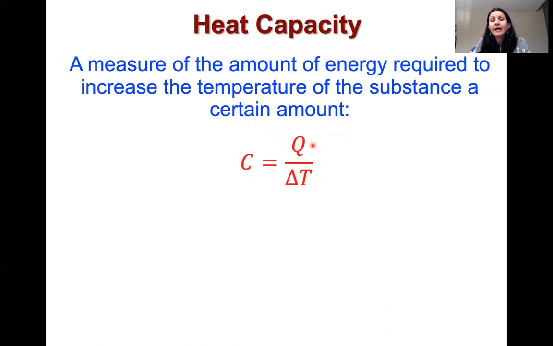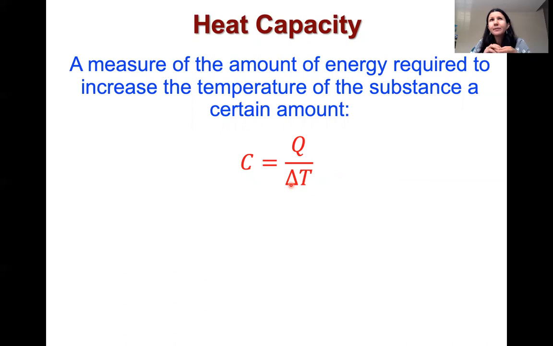So something that has high heat capacity, you will need to add more energy to have the same change in temperature. So for example, you have two substances, you add 10 joules to both substances. If one substance changed only by 1 degree Celsius, but the other one by 5 degrees Celsius, the one that had a smaller change, delta T was smaller, has a higher heat capacity.